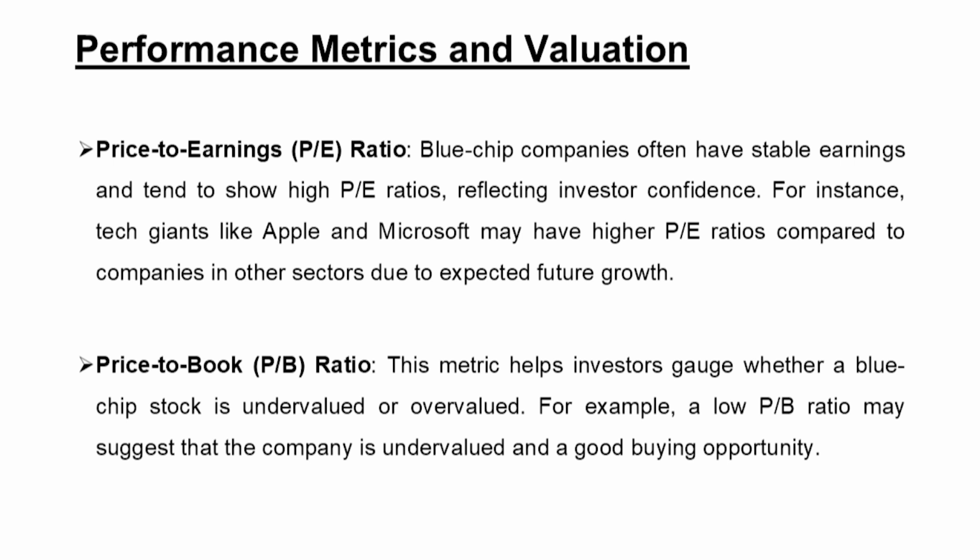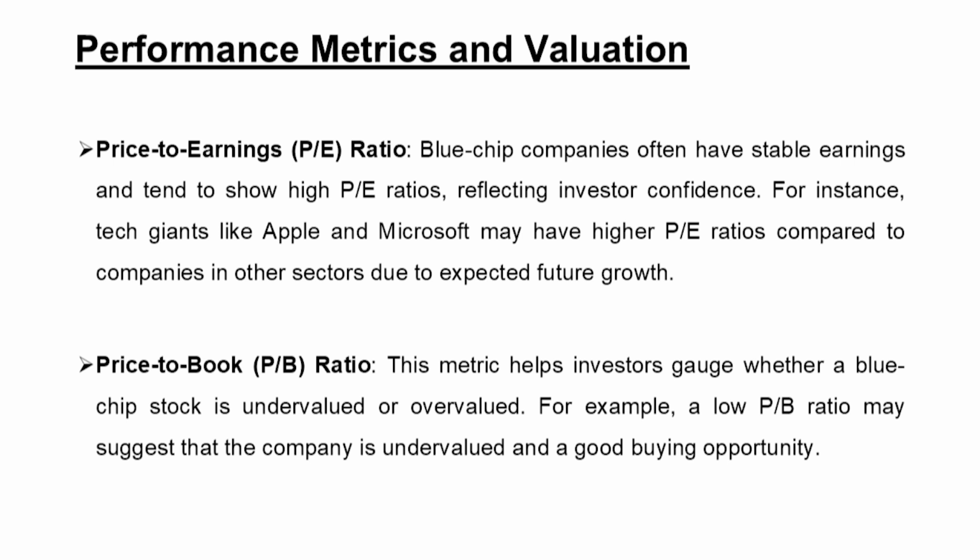For instance, tech giants like Apple and Microsoft may have a higher PE ratio as compared to other companies in their industry and in other sectors due to their expected future growth, and they also have great confidence of the prospective investor.